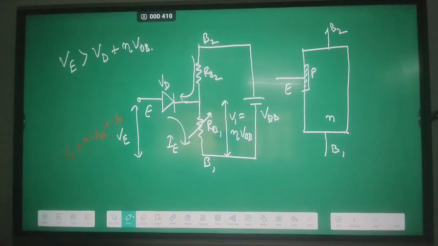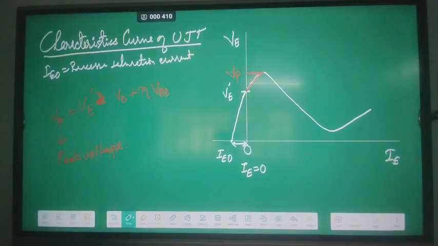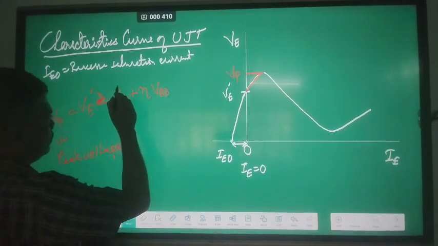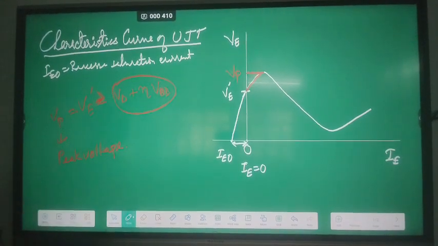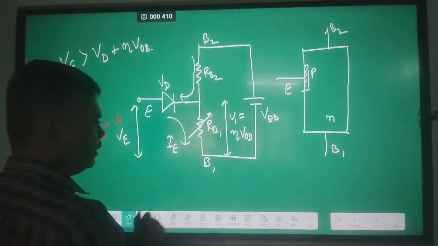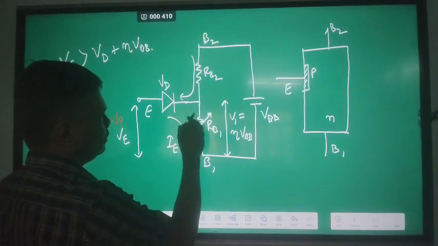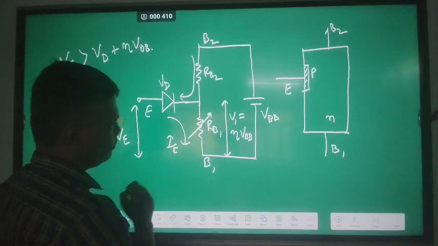Now what happens if you try to increase the voltage beyond VP? If I increase the voltage beyond this, then the diode will conduct fully and the majority carriers will start conducting in this path from the emitter to base one.